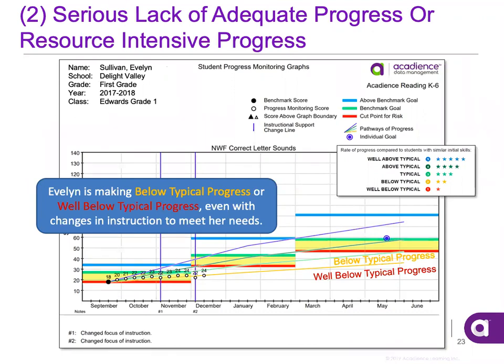If half of the students are below or well below benchmark, if 30% of the students are scoring well below benchmark, that doesn't necessarily equate to needing Tier 3 instruction. The first response to that kind of a grade level scenario, to your screening data at the beginning of first grade, should be to analyze and improve what you're doing in Tier 1 instruction. That's the first response.